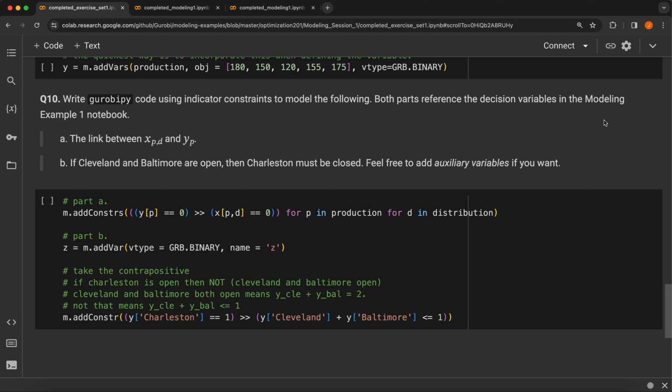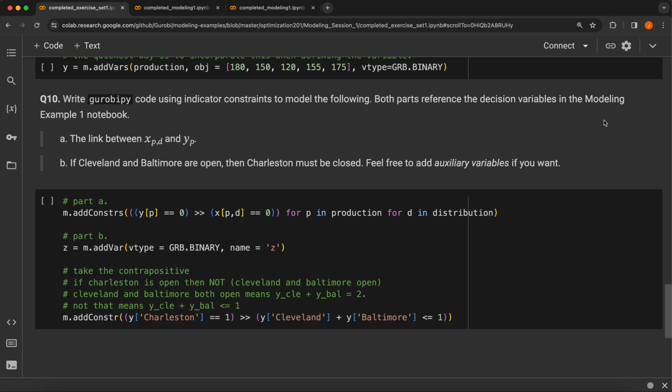And YP is the decision to open or close production facility P. So for part A, we talked through this during the initial modeling session, and we came away with two ways of talking about this that were both logically equivalent. One is saying if XPD is positive, so if we produce widgets at production facility P, it doesn't matter which distribution location we send them to, as long as one of those happens, then YP needs to be equal to 1, meaning we open the facility.